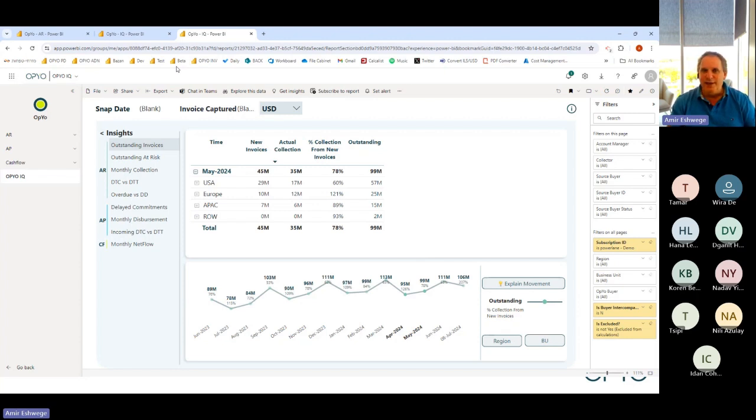We know how to create these specific or unique views that management sometimes wants to see, not leaving it to you to take data and run the analytics, but creating an actual view which supports what you need. So you don't need to create it every month; it's a standard view. In OPYO, you just need to click and see the information.